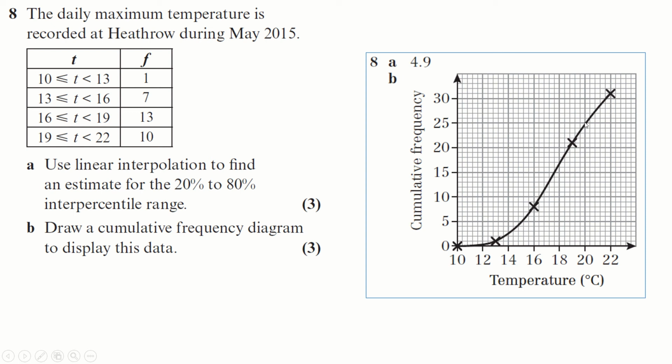If we go across there, that's 20, and 20% is going to be at about 6, 7, it's going to be about 5, so we're going to get a very similar result.